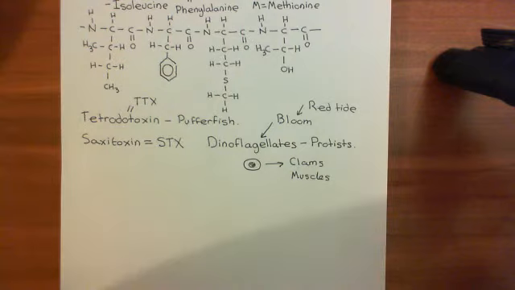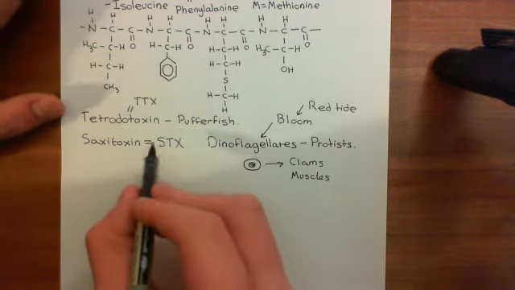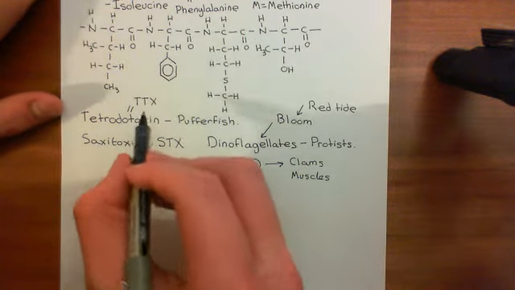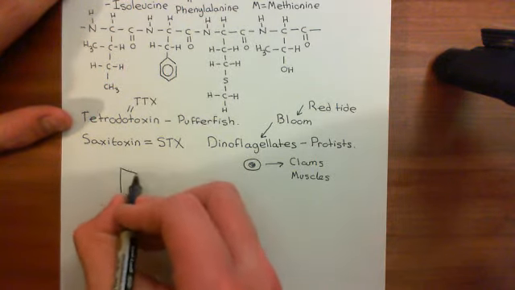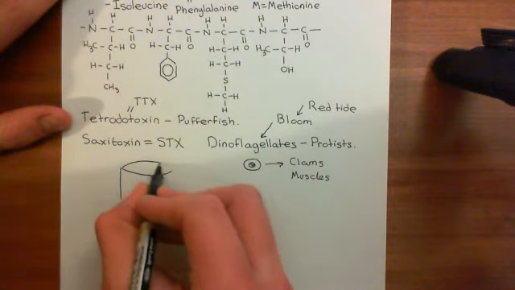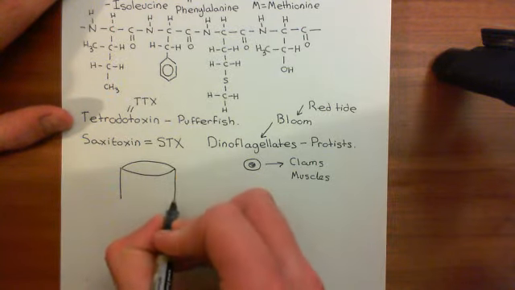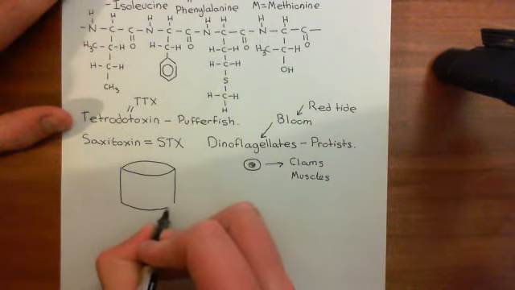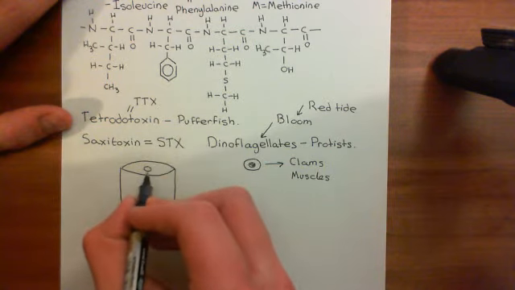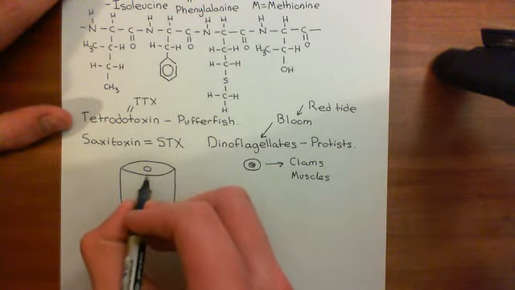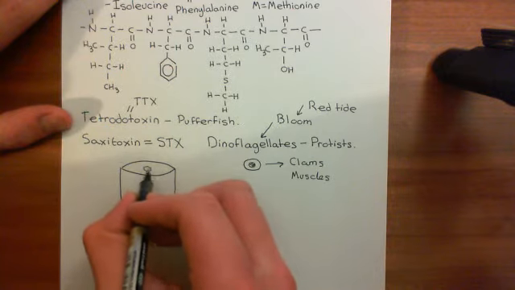But what's it actually going to do? Well, both of these toxins bind on the extracellular face of voltage-gated sodium channel alpha subunits. So if I draw an alpha subunit here, like so, both of these toxins can bind to the alpha subunit of voltage-gated sodium channels from the extracellular aspect, but they generally prefer the open state.